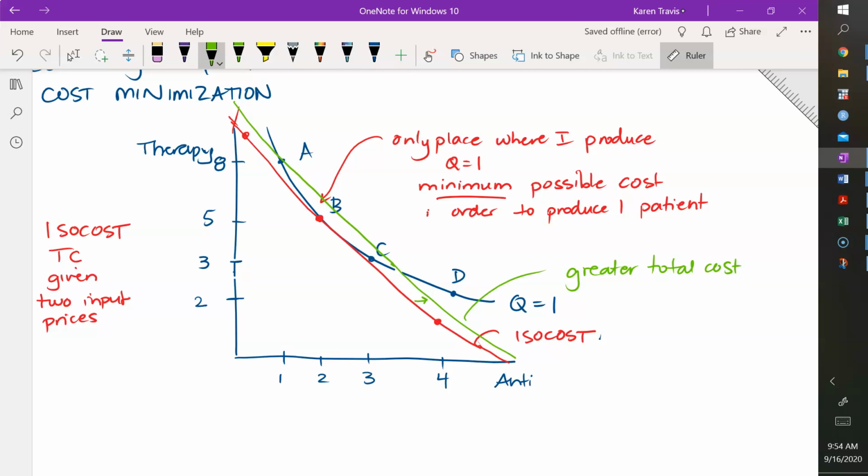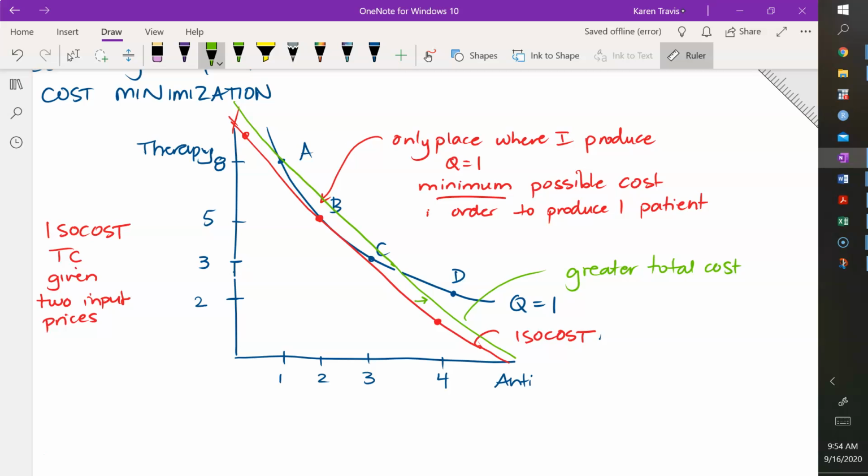So for example, when I use 3 antidepressants and 3 therapy visits to produce at point C, I'm using them all up and I'm serving a patient. Allocatively efficient means I'm taking into account the prices and making a production choice that will be at lowest cost.